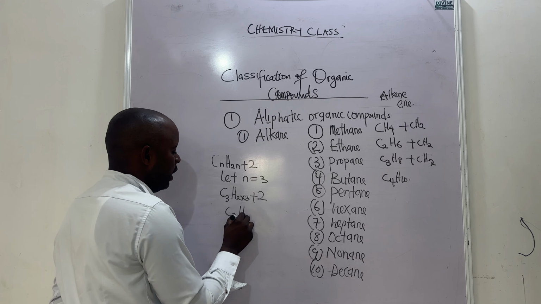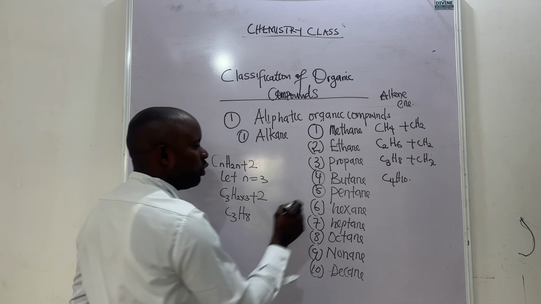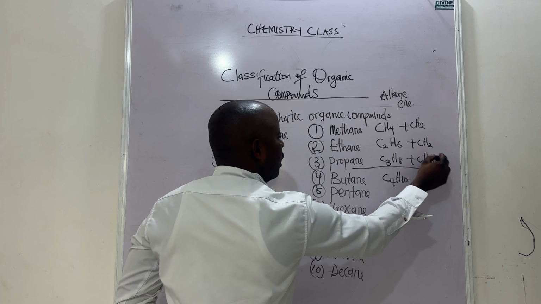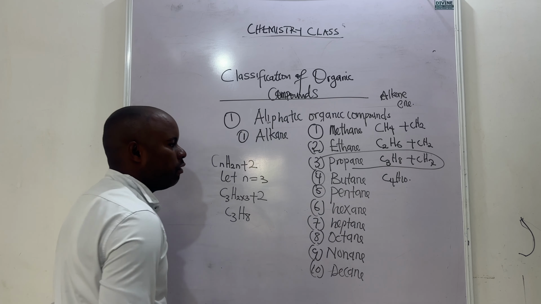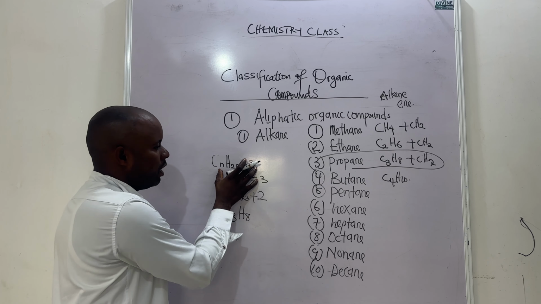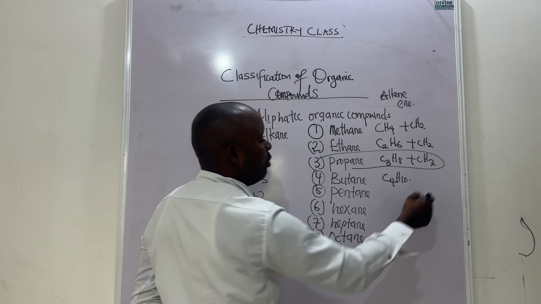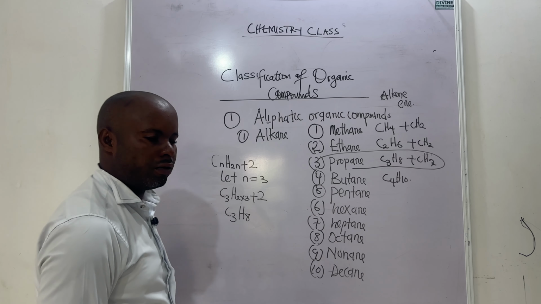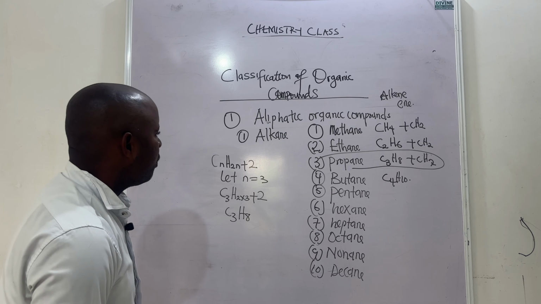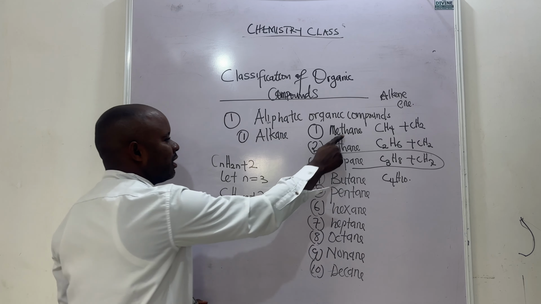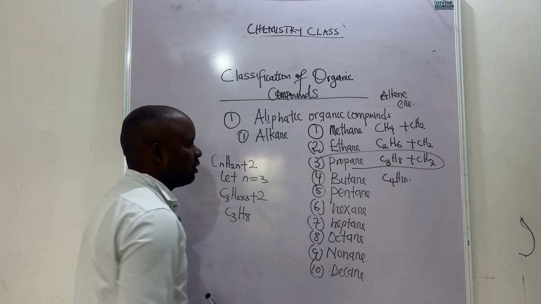You're going to have H8. So we are able to obtain the molecular formula for propane using this formula, and we can also add each of these homologous series to get successive members.